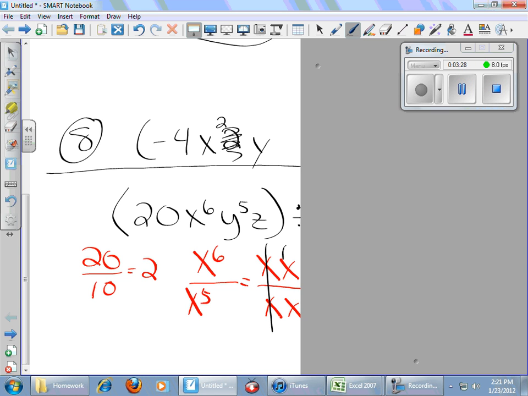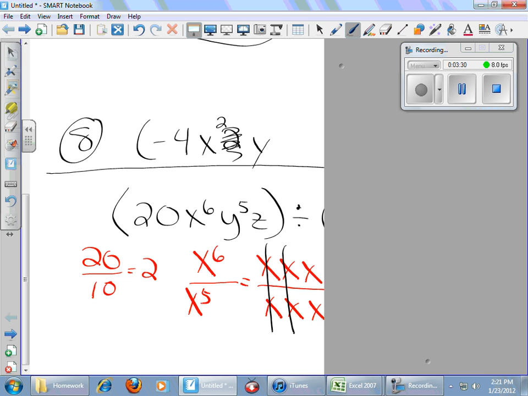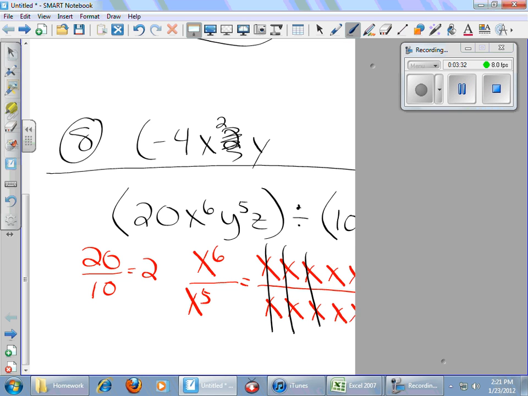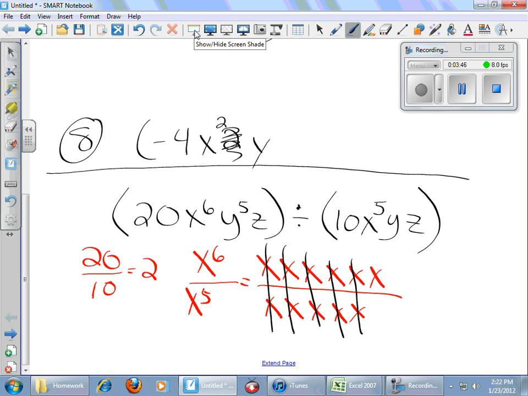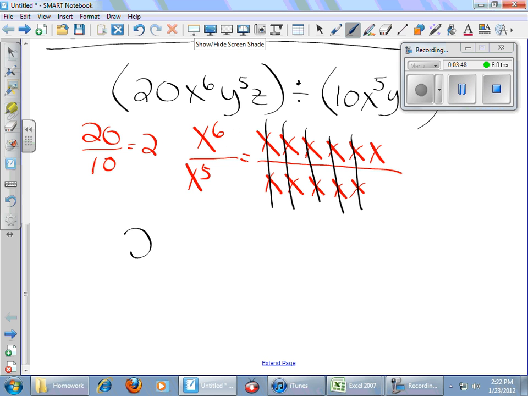Each x divided by x cancels out, leaving me a plain old x, or an x to the 1st. So my answer, final answer, is going to have a 2 for a coefficient and an x to the 1st power.